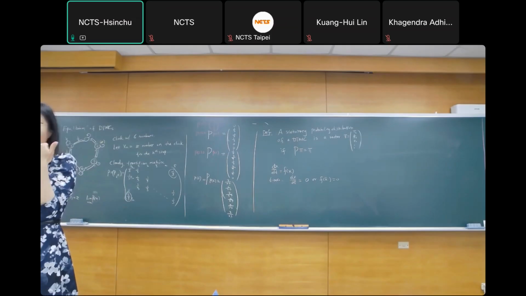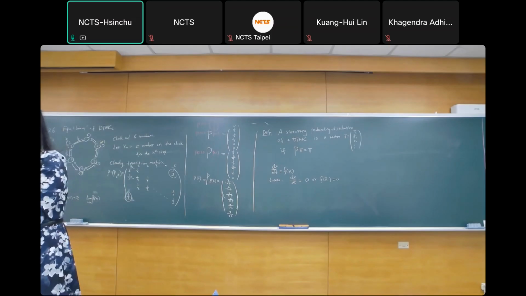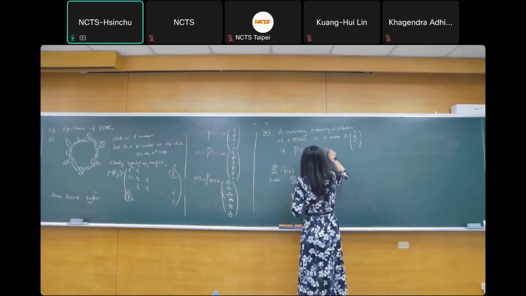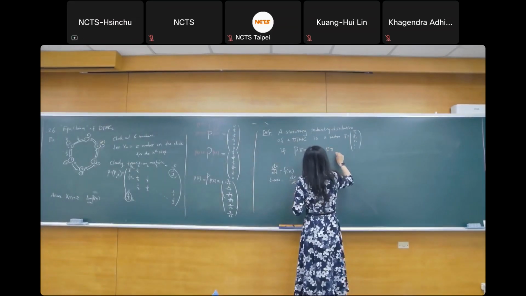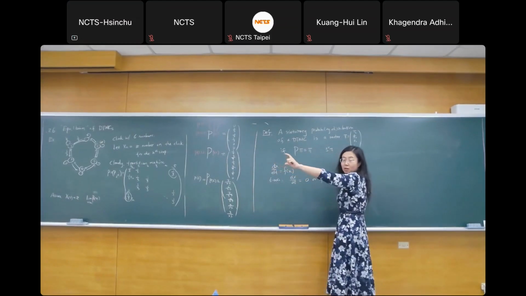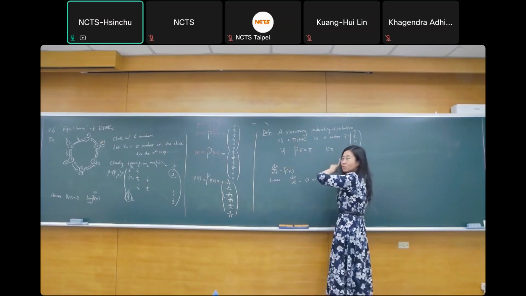But this is the probability. What has to be satisfied? It has to be normalized. Which will be what? The sum equals 1. Right. Is this okay? This is 1. This is a row vector, all consisting of 1.